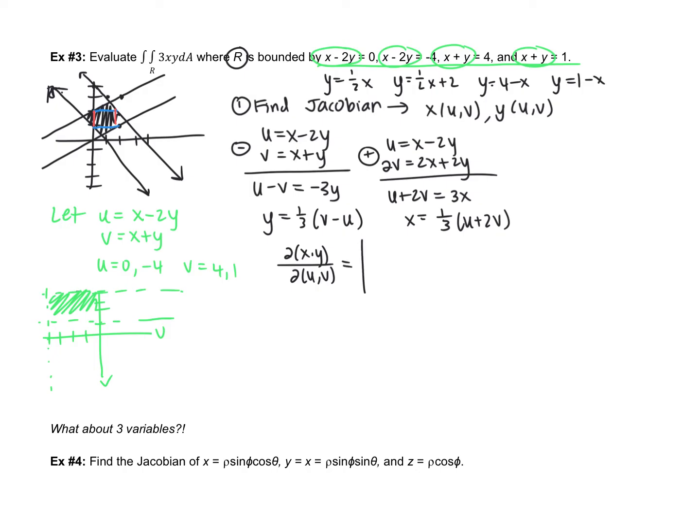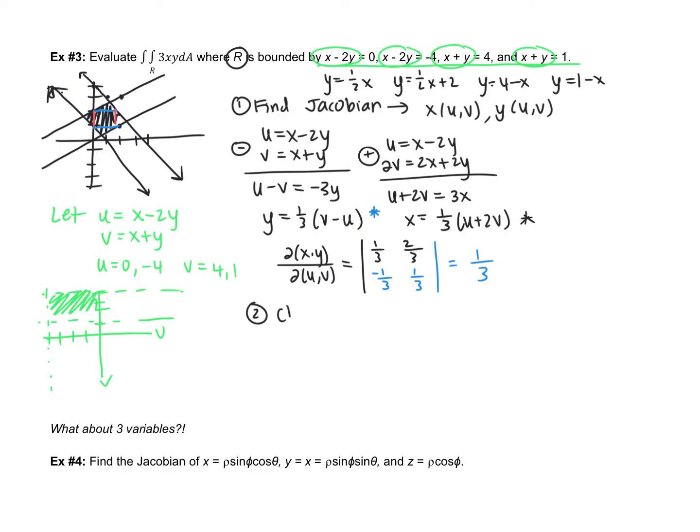So if I take the partial with respect to u, I get 1/3. Partial with respect to v is 2/3. So I'm starting with this equation. Now if I look in terms of y, the partial with respect to u is negative 1/3. The partial with respect to v is 1/3. And if I calculate that determinant, it ends up being 1/3. So that was step 1.